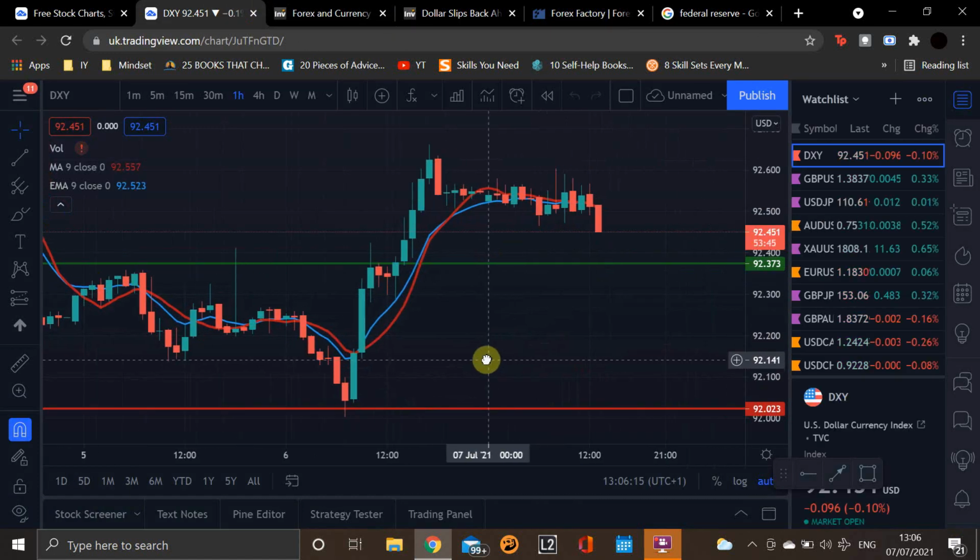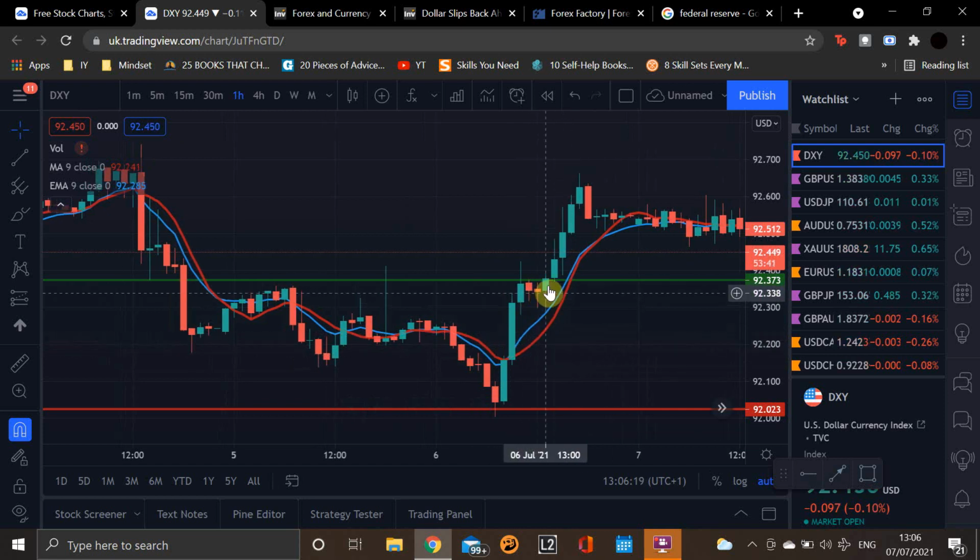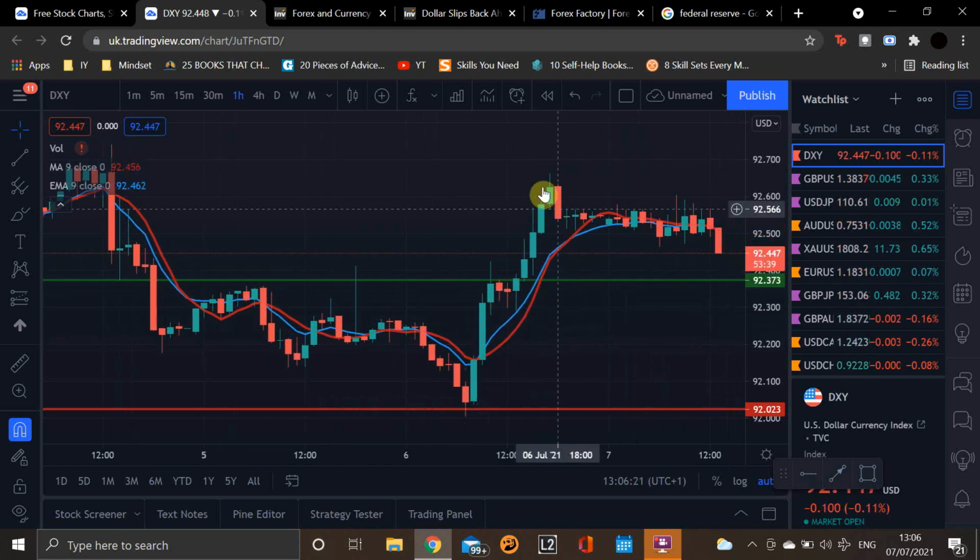Okay, so remember yesterday it broke out this resistance that it made for itself, and it's been consolidating a little bit.